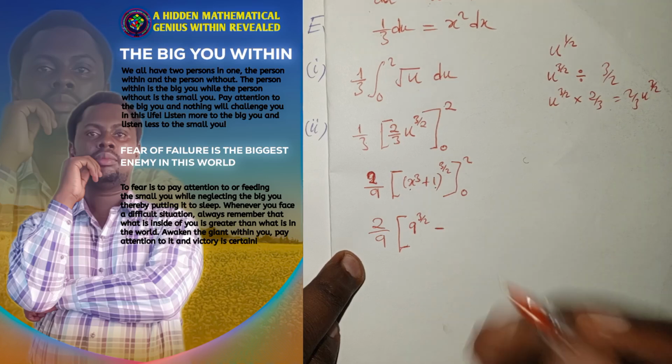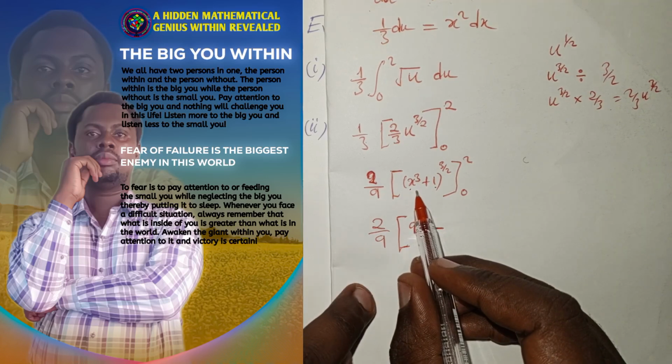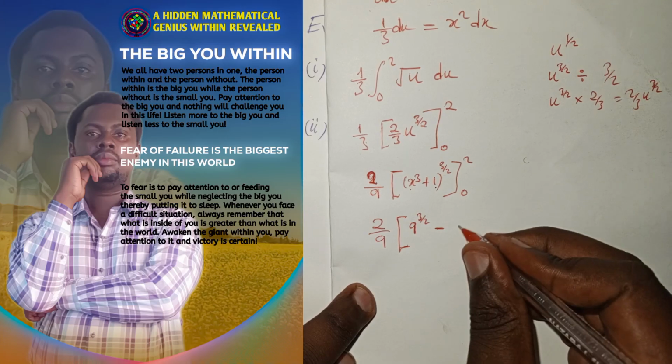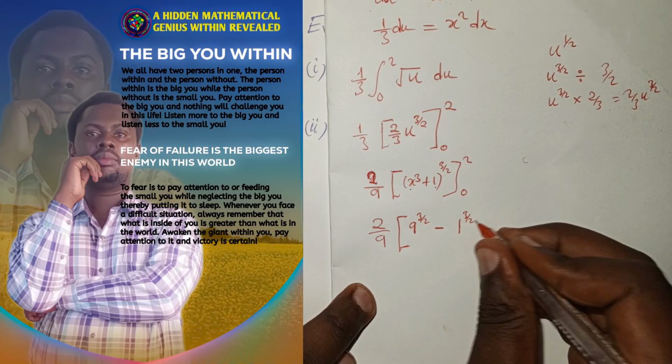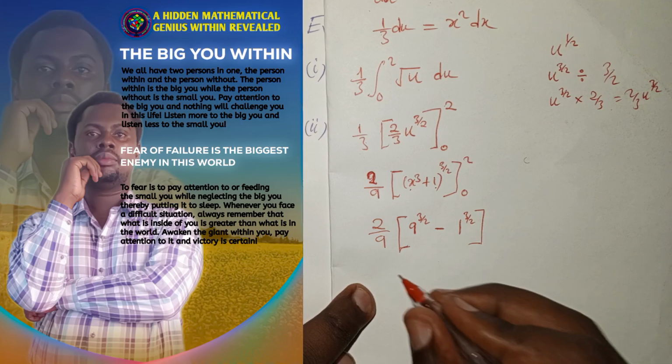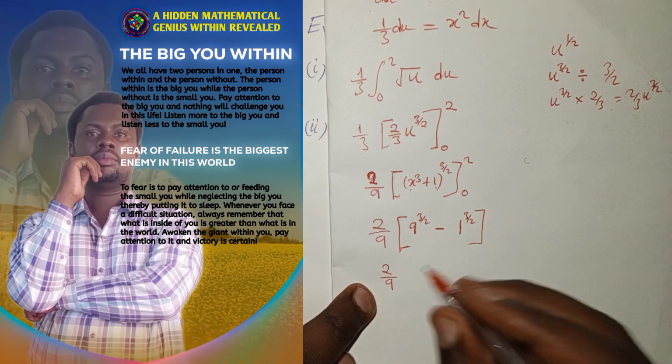Then minus, if you put a 0 there, 0 cubed is just 0, plus 1 you get 1. So we have 1 to the power 3 over 2.